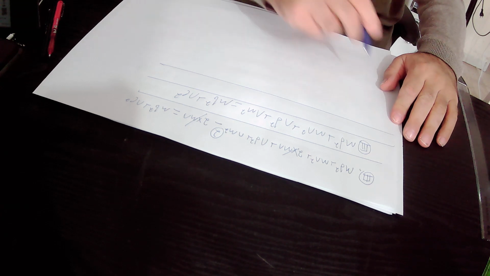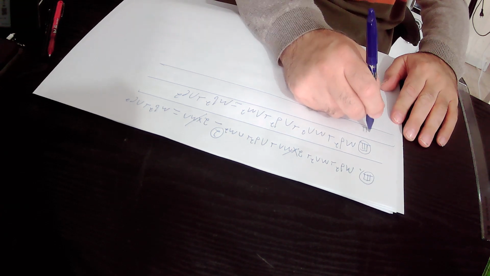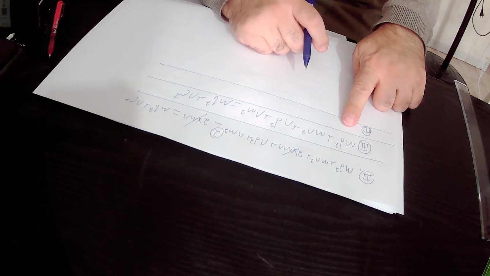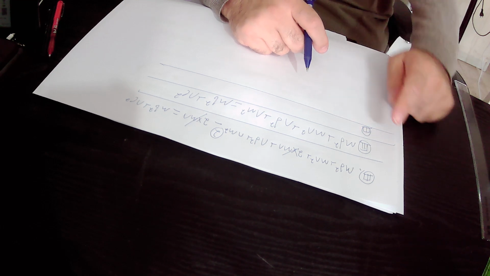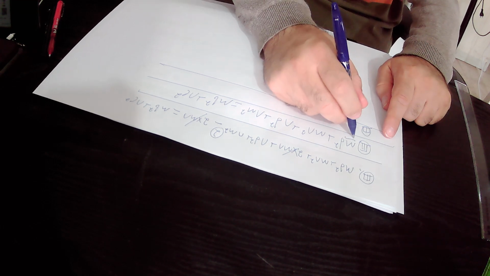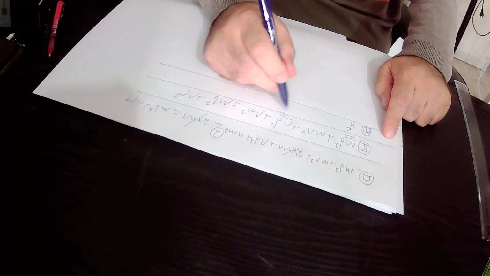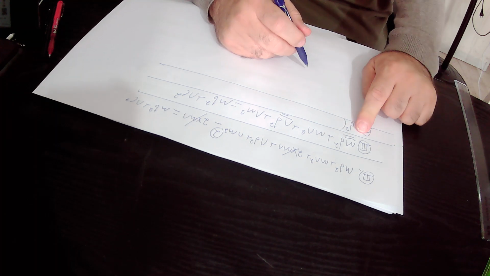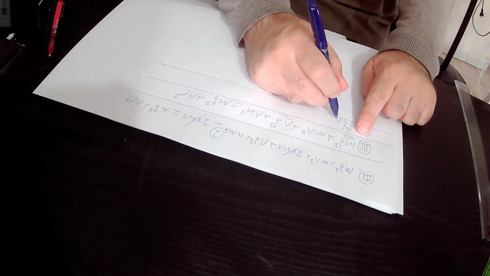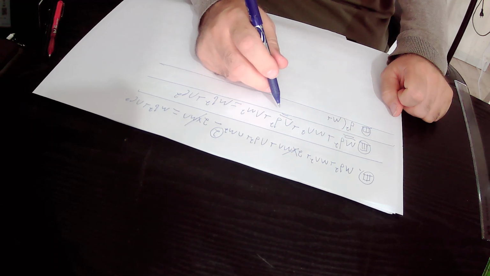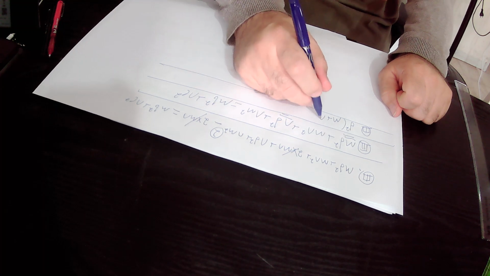In the next step, we take out d squared as a common factor from md squared and also from nd squared. What is left from md squared is m, and what is left from nd squared is n.